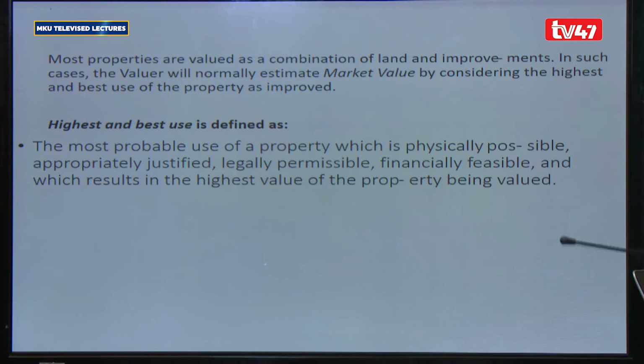So the key things are physical possibility, justification, legal permissibility, and financial feasibility. A use satisfying those characteristics and producing the highest value becomes the highest and best use of property.